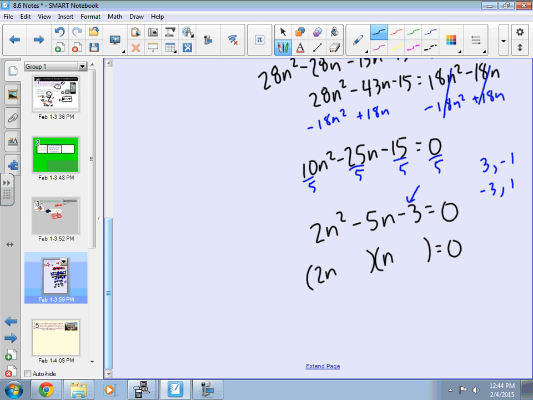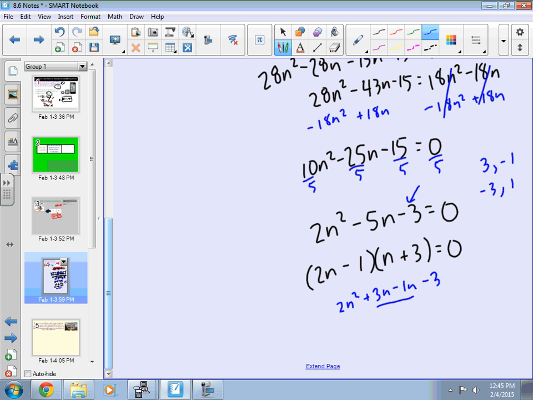And then we'd have to figure out how that's going to multiply. So we can use the guess and check method. You could do factor by grouping. Let's try guess and check and see if we can get it. Let's try, I don't know, negative 1 plus 3. So if we were to multiply these out now, if you did FOIL on this, you get 2n squared plus 3n minus 1n minus 3.